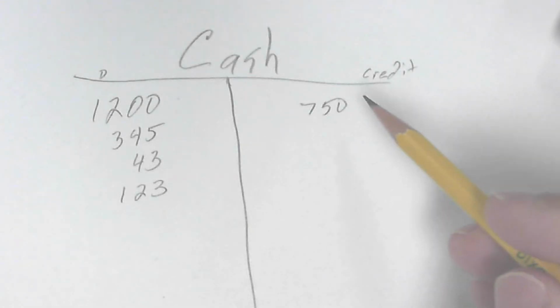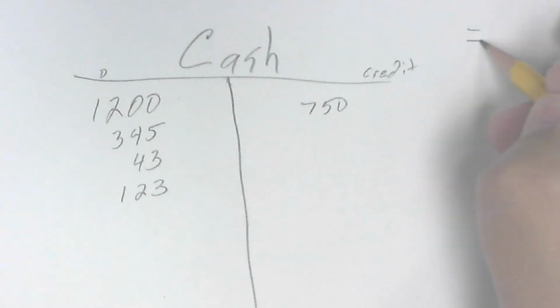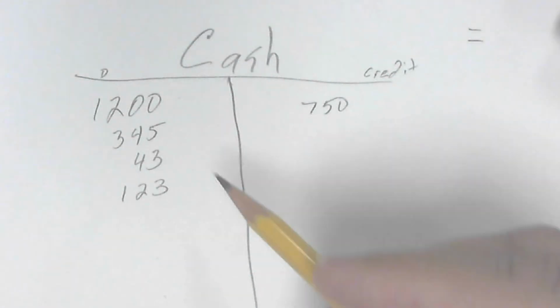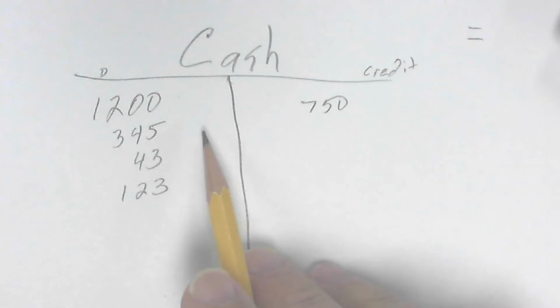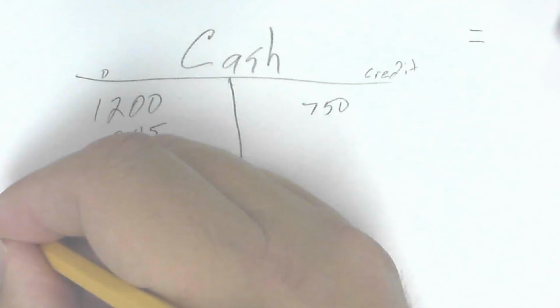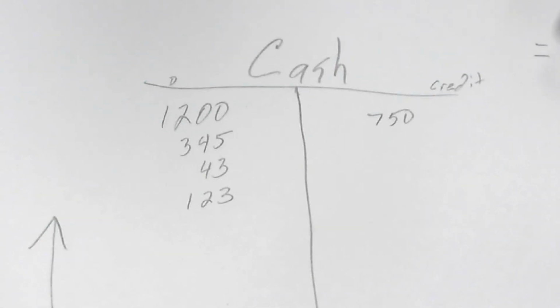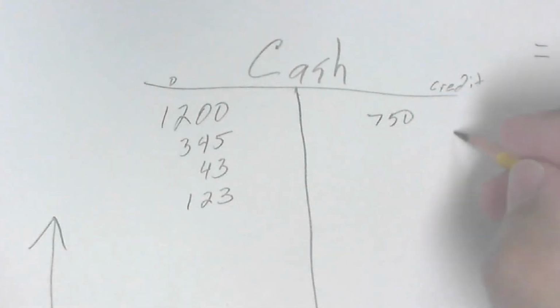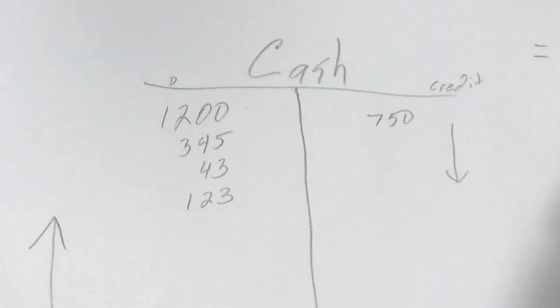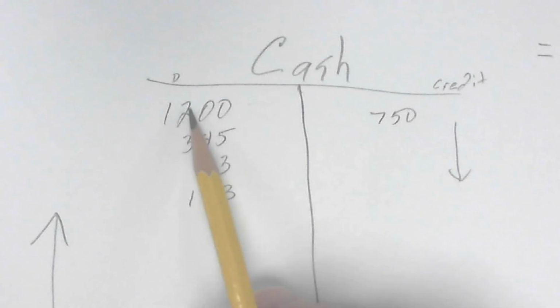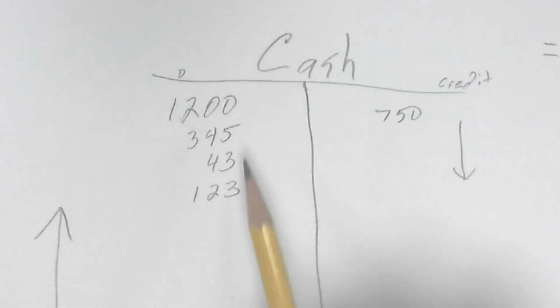So our cash on the left side of our equal sign, the debit side of our T-chart, is always increasing, and our credit side is decreasing. So since this side is increasing, the amounts on this side are going to increase.